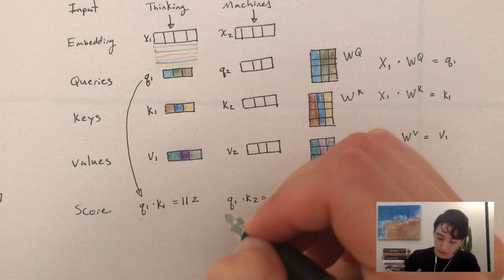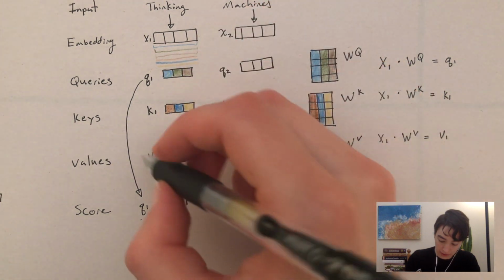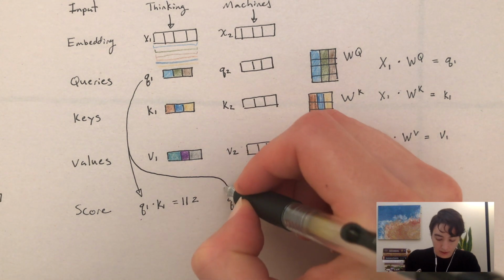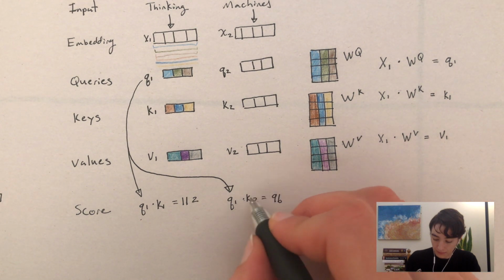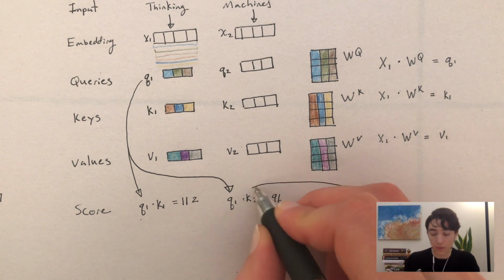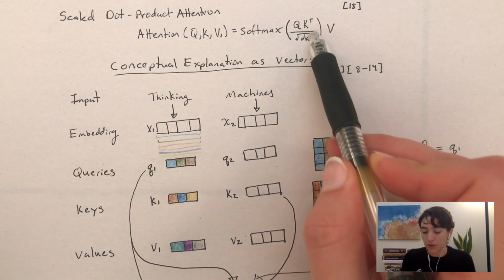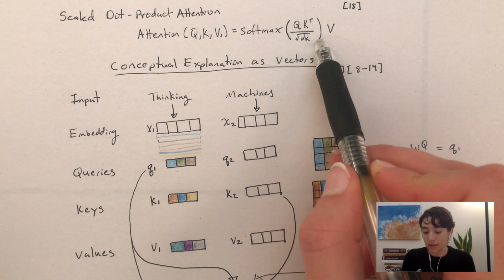Now, as we're doing this, we can see that the query we're working with is from the first word. This is important because it makes us realize that what we're doing here, we're getting pairwise information about the words.